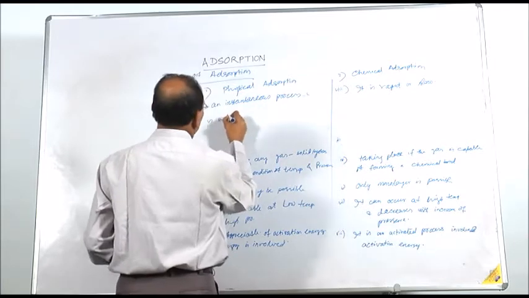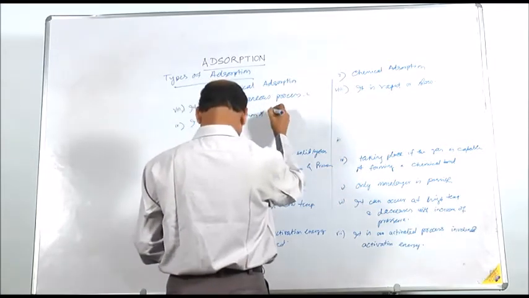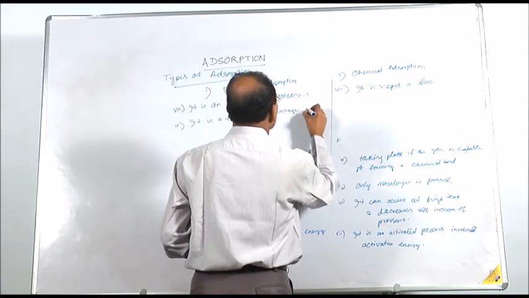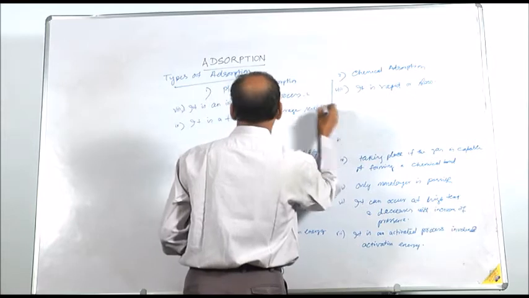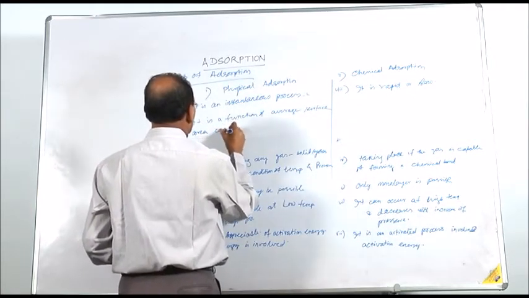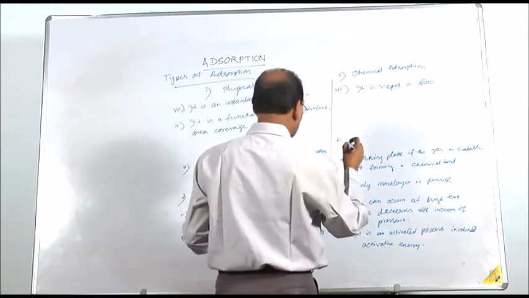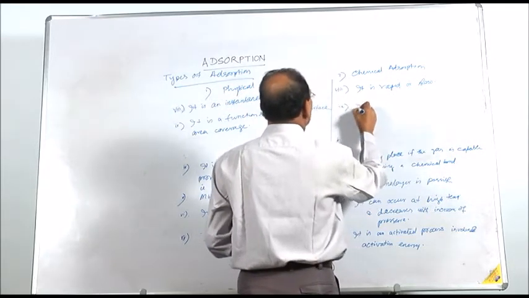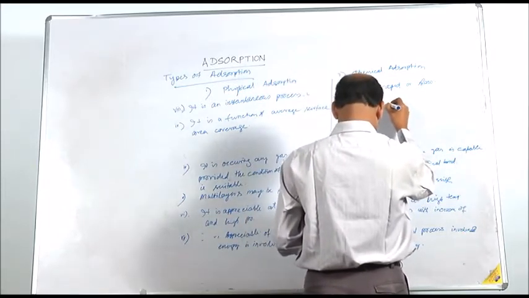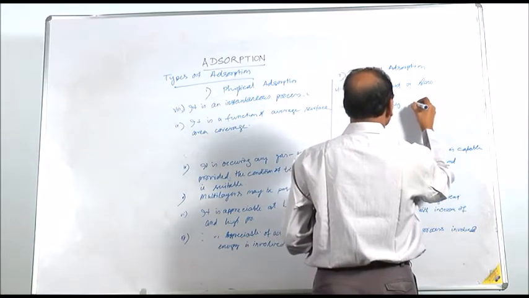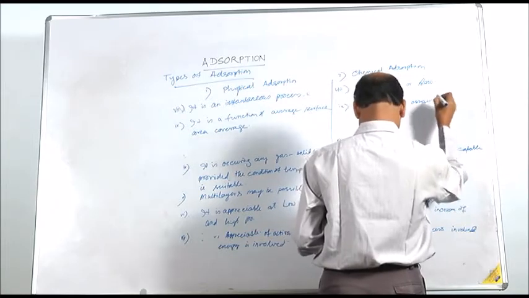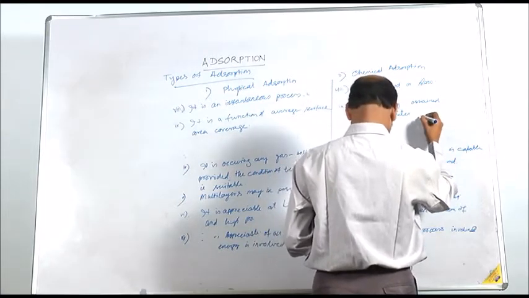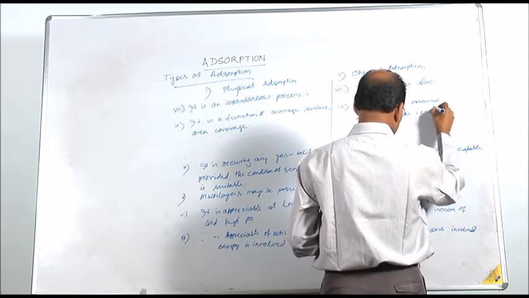It is a function of average surface area coverage, but in chemical adsorption it is obtained only at fixed sites, that is at active centers.